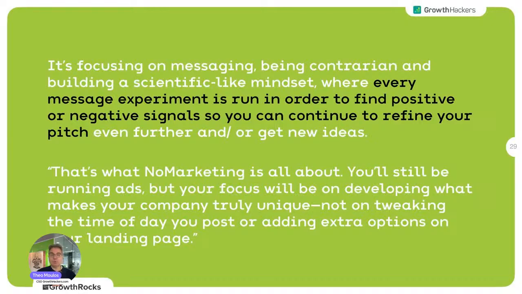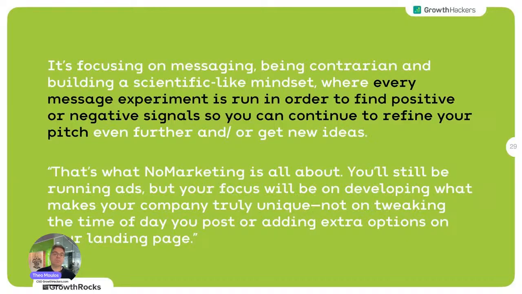Sometimes in growth hacking we believe that we run an experiment because we want that experiment to succeed, which is not the case. A lot of times we just do an experiment, we know that it will fail, but we need negative signals because we need to understand from these negative signals what's happening.